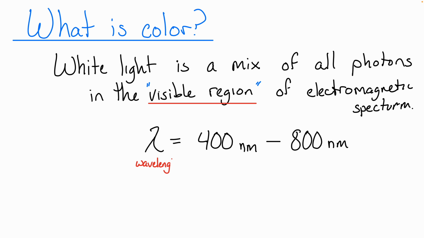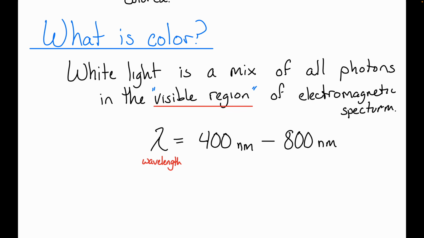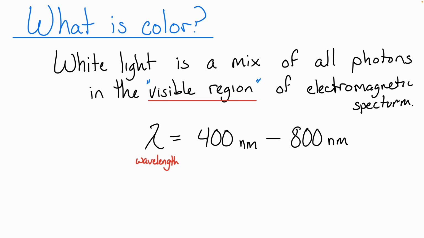It's a lambda, yes. It is a letter of the Greek alphabet. Okay, so basically when this white light's coming down from the light bulbs, it's a mixture of all different photons that have a wavelength ranging from 400 to 800 nanometers. All right, so it's a mix of all of them that we can see. Okay, cool.